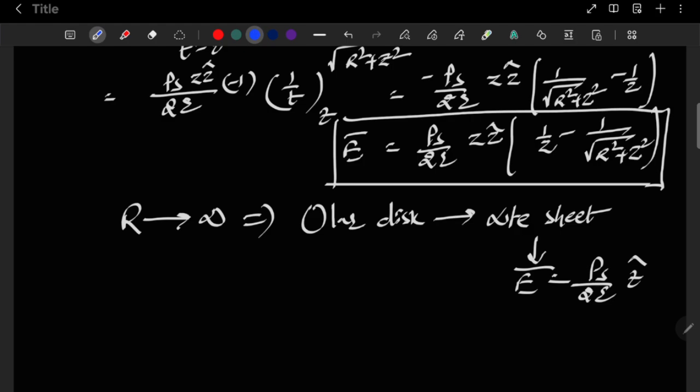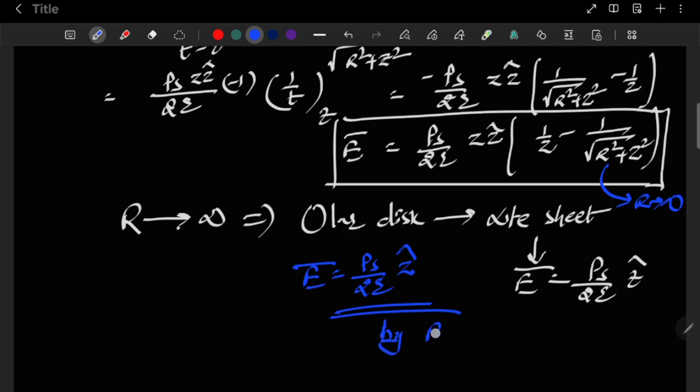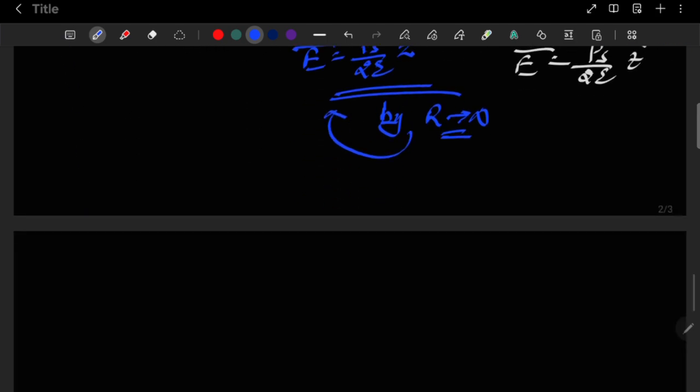If you make R tending to infinity, this part will go to 0, so only 1 by z remains, and z will be cancelled. So the electric field is equal to rho s by 2 epsilon into z cap. So by making R tending to infinity, we got this one. Okay, this is the second method.